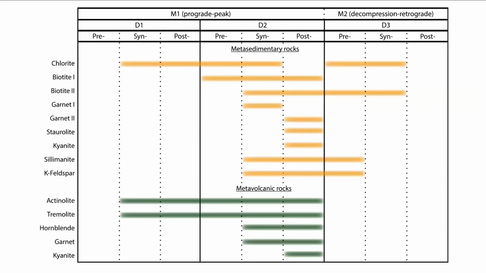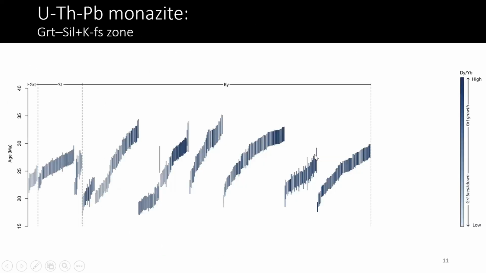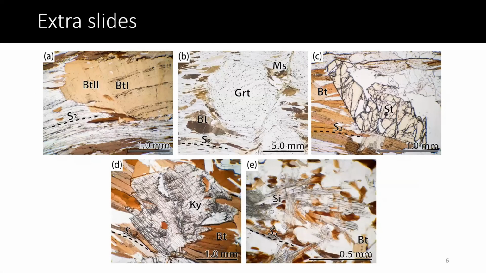Oh yeah. So your question is basically why do you have syn- to post-tectonic sillimanite when you have post-tectonic kyanite? The reason is just based on what we could observe in the microstructure. In fact, I put in some extra slides for this. Here we go.